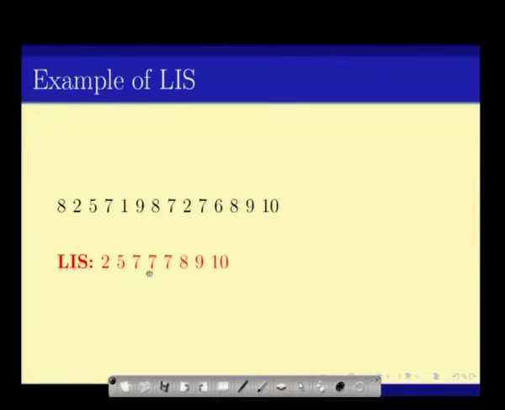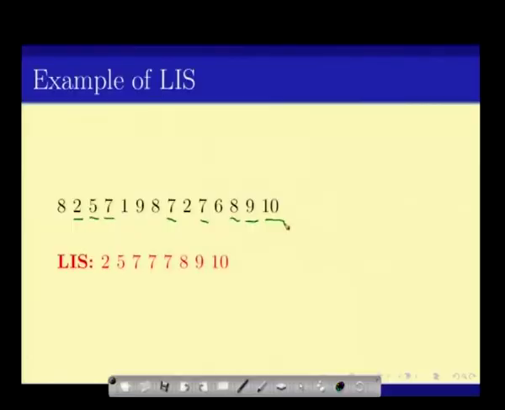Let us try to see it: 2, 5, 7, 7, 7, 8, 9, 10. This is the longest increasing subsequence. Now, this is a long increasing subsequence, that is clear. Why is it the longest? Can there be any other increasing subsequence that is bigger than this? These are the kind of questions that one needs to handle.